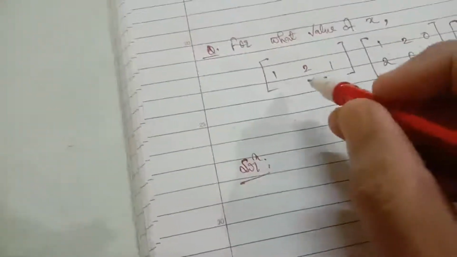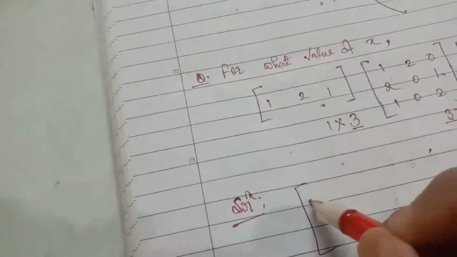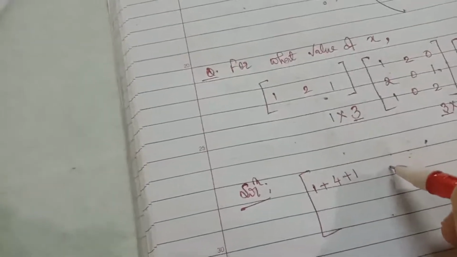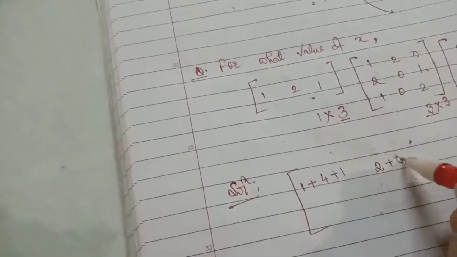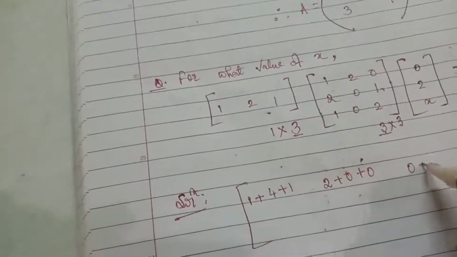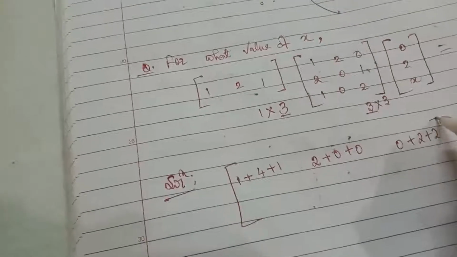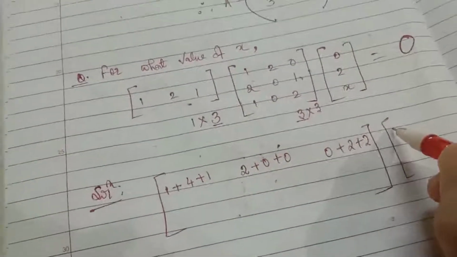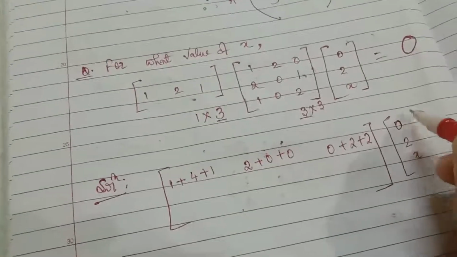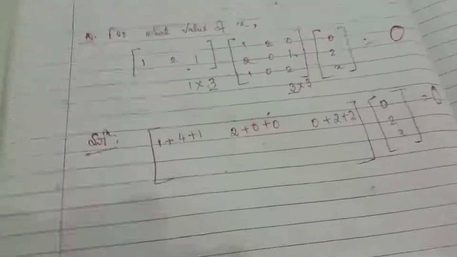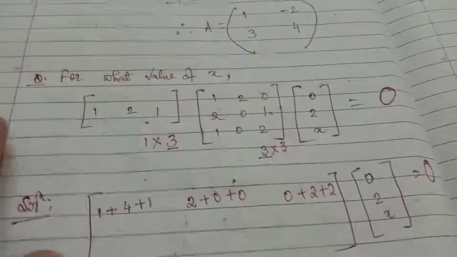So multiplying these two matrices, we get 1 plus 4 plus 1. Next 2 plus 0 plus 0. Next 0 plus 2 plus 2. So we have multiplied first two matrices.